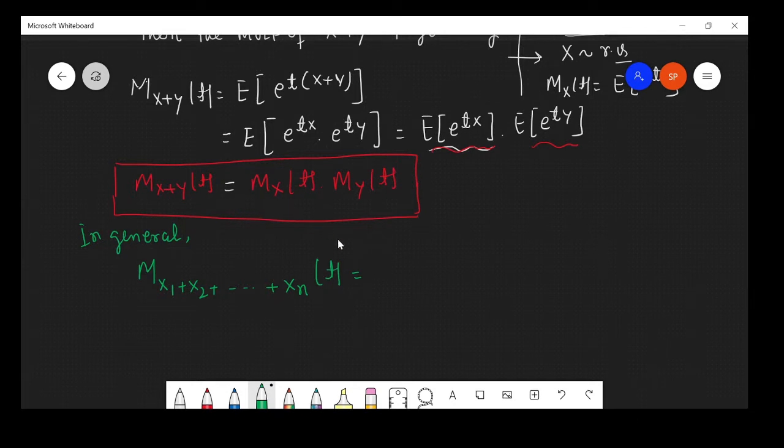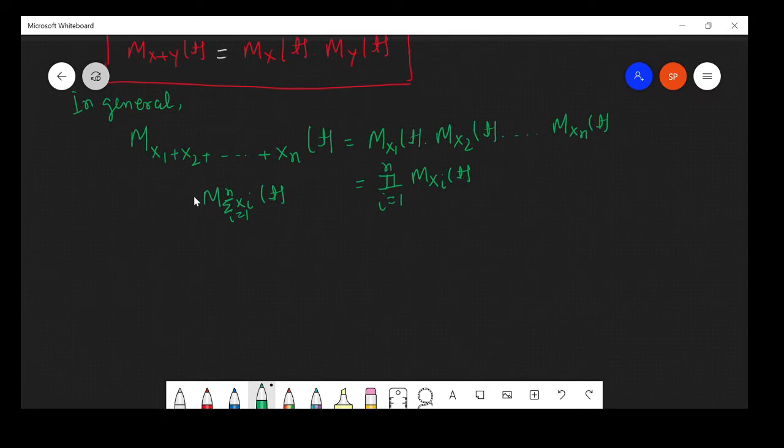We can write this as the product from i equals 1 to n of M_Xi(t), which is also the moment generating function of the summation of Xi, i equals 1 to n, at t.